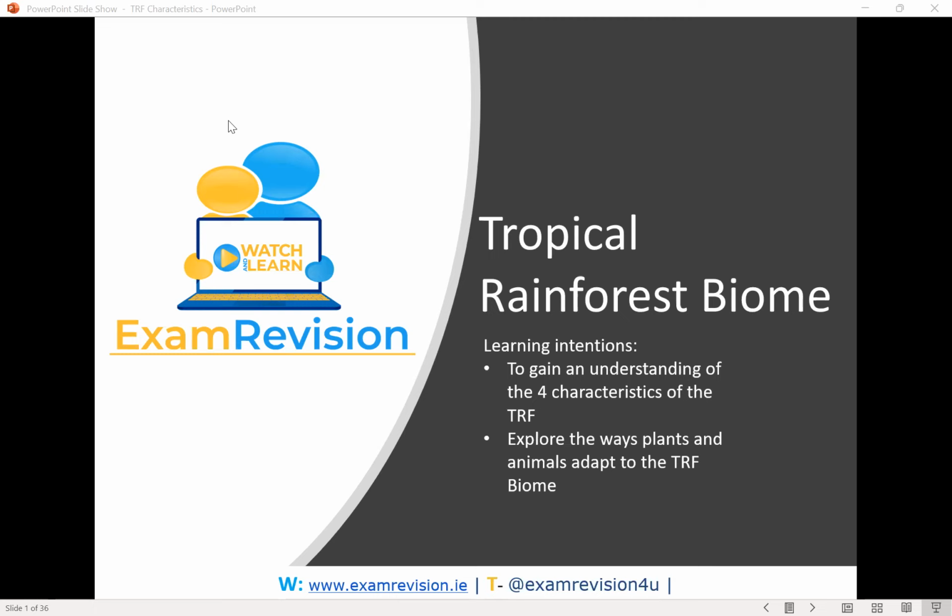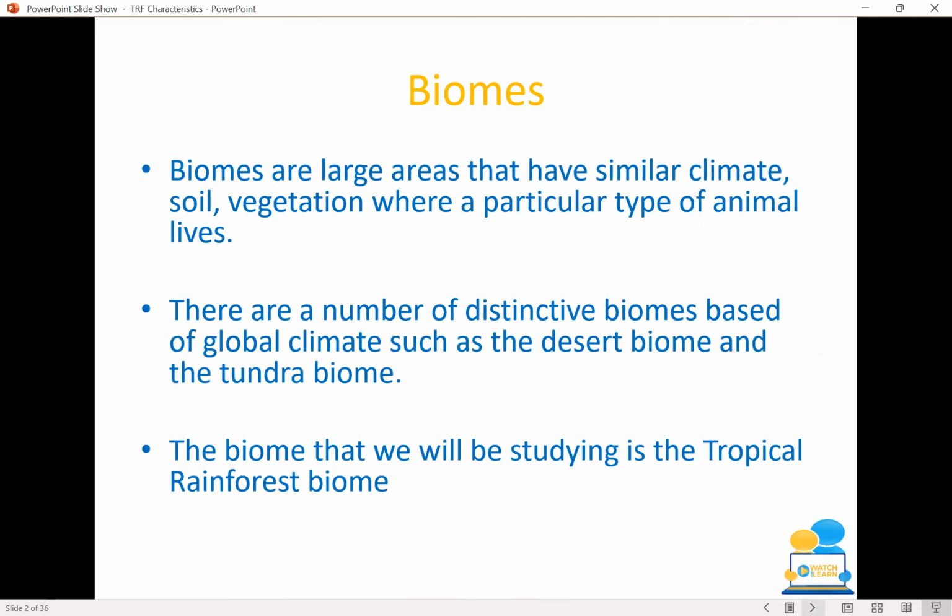One is on the characteristics of the rainforest, and the other is on adaptations. So we're going to go through a number of different facets of the tropical rainforest, and that will give us the material and notes we need to put together an answer for those two questions. All right, so we'll get stuck in and get started.